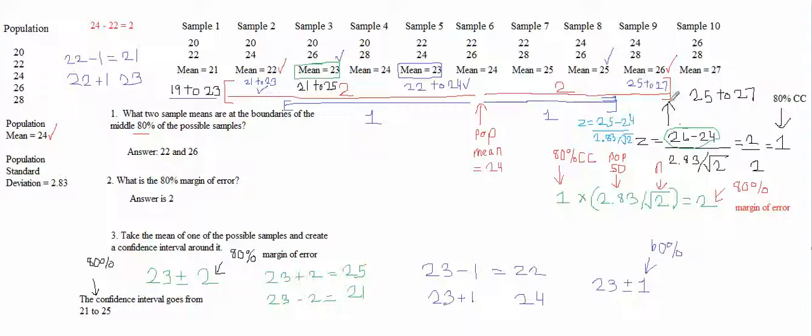We said that the z-score at the upper boundary is called the confidence coefficient, and this was called an 80% confidence coefficient because it was the upper boundary of the middle 80%. We're once again finding a z-score at the upper boundary, but this time it's at the upper boundary of the middle 60%. So this z-score will be called a 60% confidence coefficient. Let's see what it comes out to.